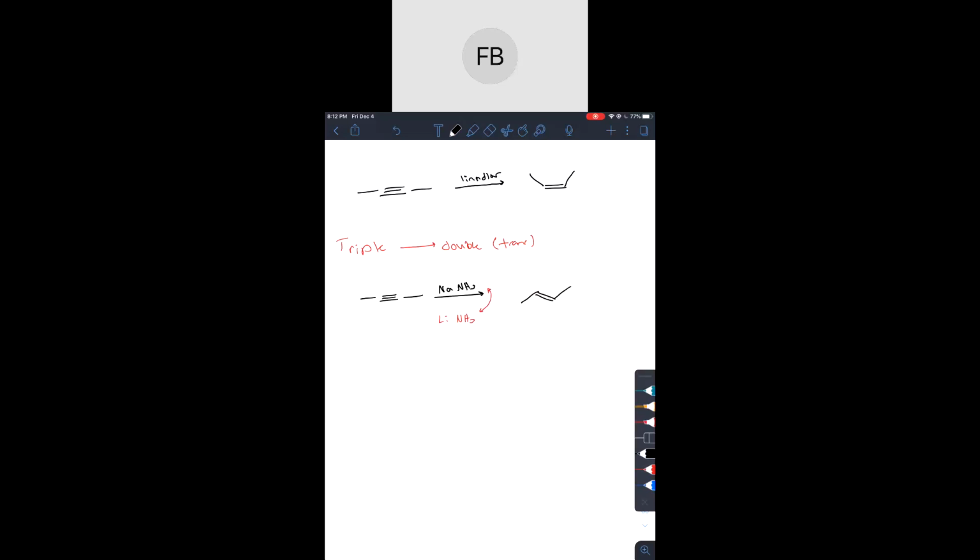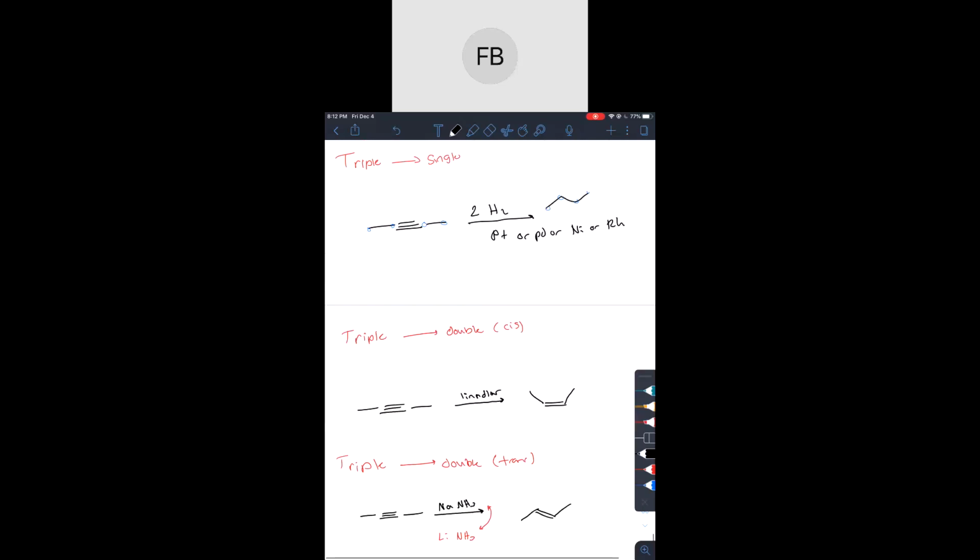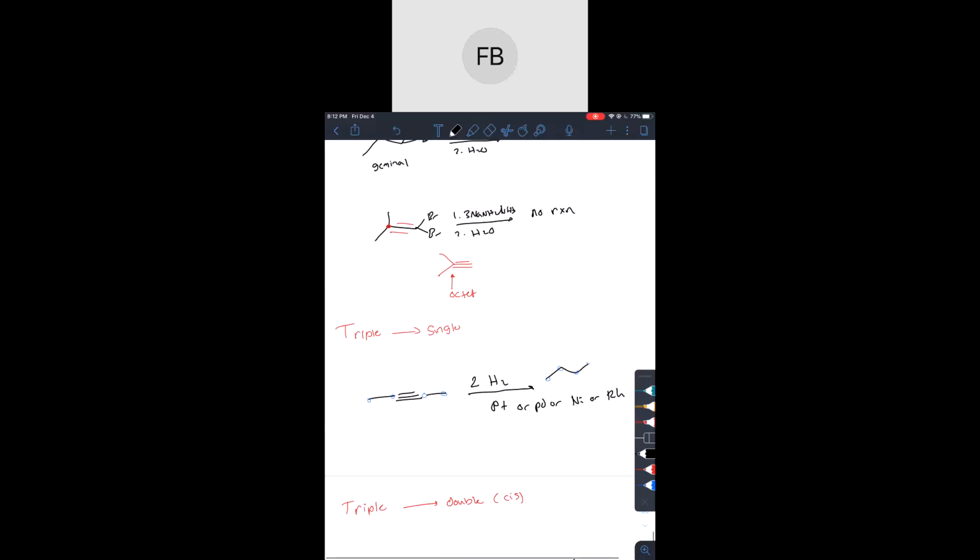Any questions? I have a question. Earlier, you know how we did the geminal one, and then you said no reaction. Is it possible maybe that we get, instead of a triple bond, a double bond?